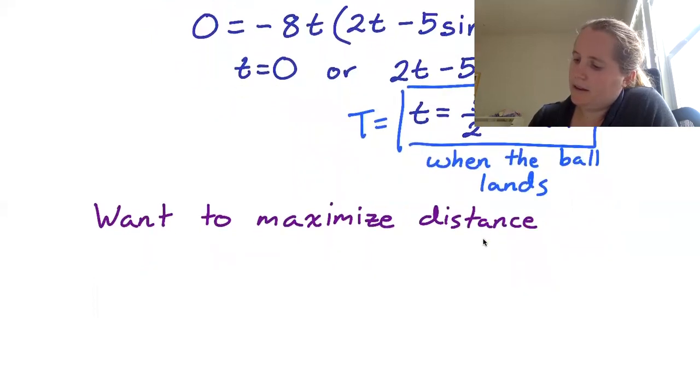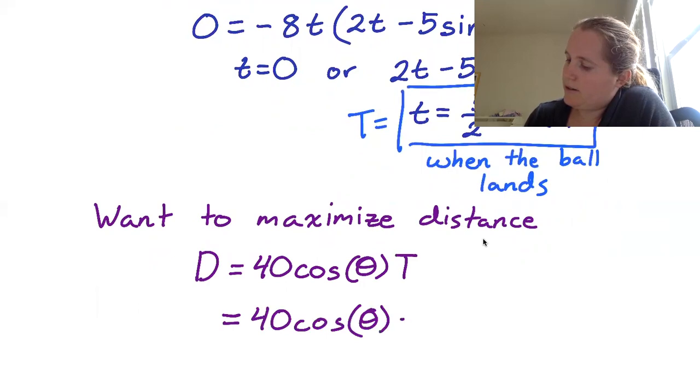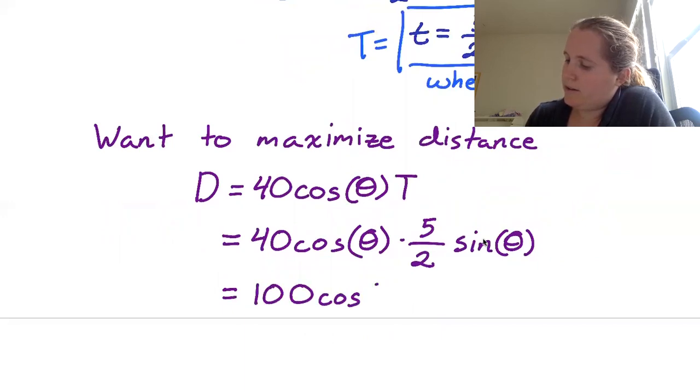And we get, again, distance was equal to 40 cosine of theta times that capital T, or 40 cosine of theta times 5/2 sine of theta. And this is 100 cosine theta times sine of theta.